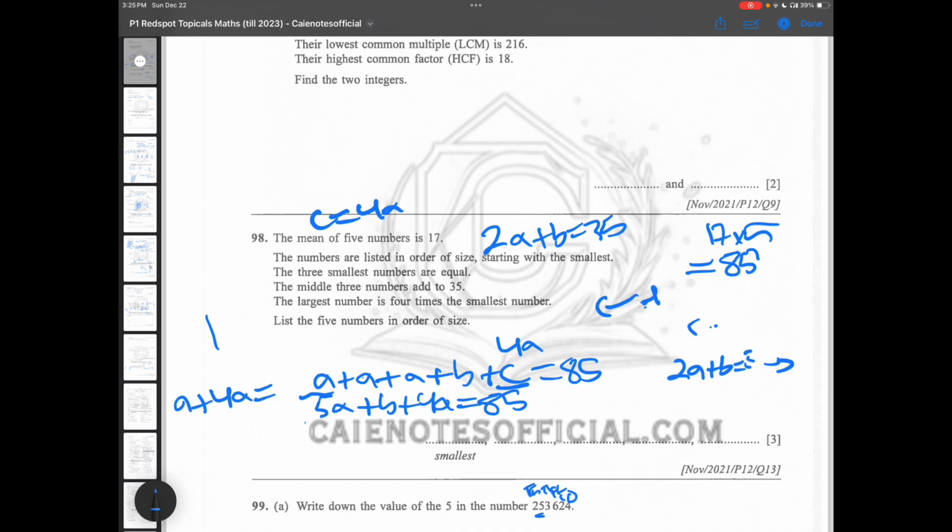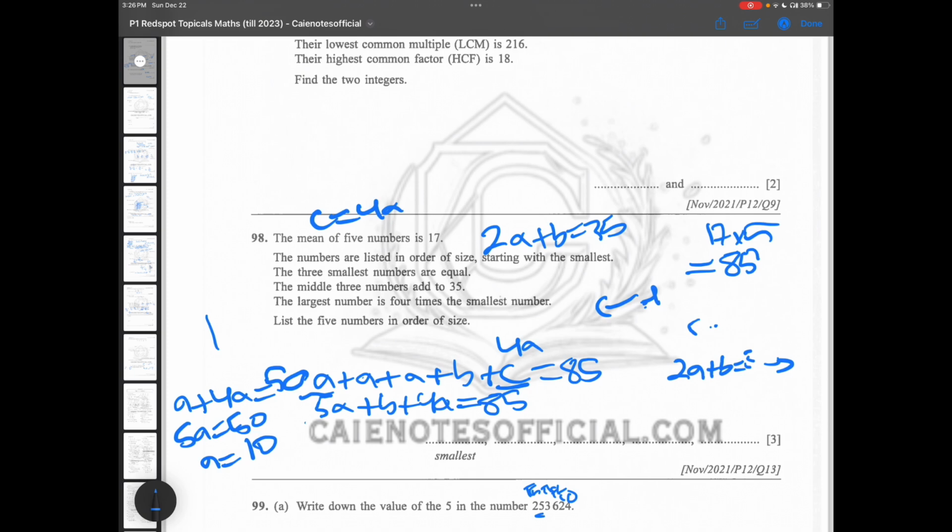You get 50. These two add up to 50. So 5A is equal to 50, A is equal to 10. So the first number is 10. The last number C will be 40.